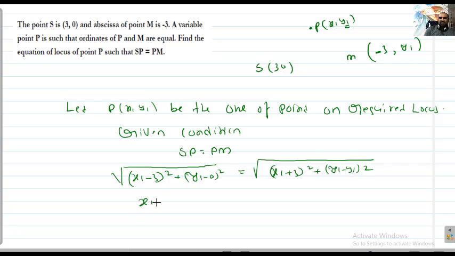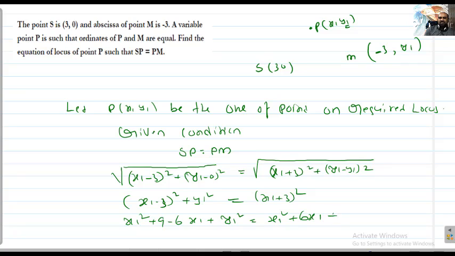Squaring on both sides, (x1 minus 3) whole square plus y1 square equal to (x1 plus 3) whole square. Now I want to simplify this. x1 square plus 9 minus 6x1 plus y1 square equal to x1 square plus 6x1 plus 9. Some cancellations: x1 square gets cancelled, 9 gets cancelled.